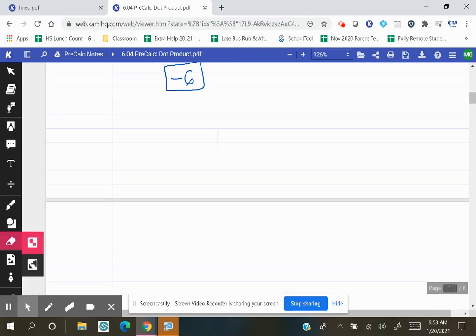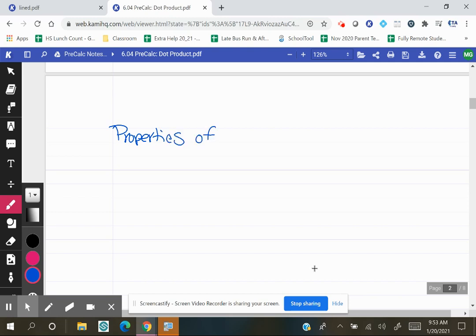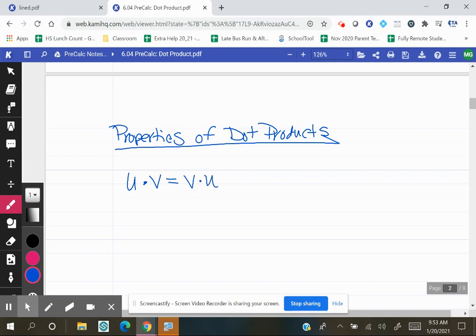I'm going to run out of room here, so I'm going to start on the next page. Properties of dot products. So first thing is it is commutative. So if I do u dot v, that will equal v dot u.